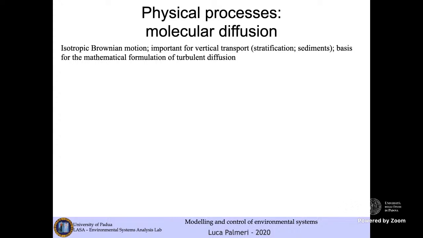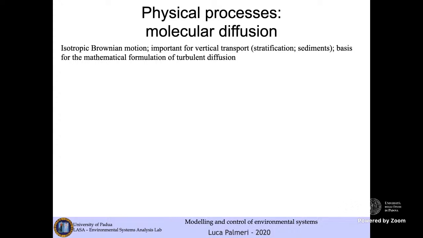The first assumption is that of isotropic Brownian motion. So we have chaotic motions in all the directions. This is very important for vertical transport. For example, this is what causes stratification or sedimentation, and it is the basis for mathematical formulation of the turbulent diffusion.